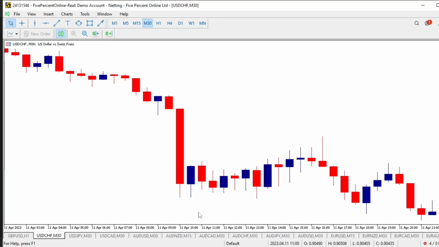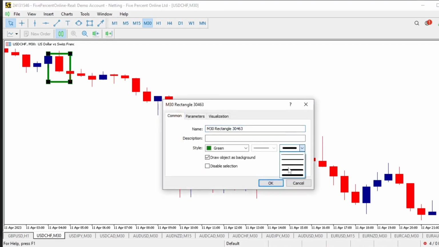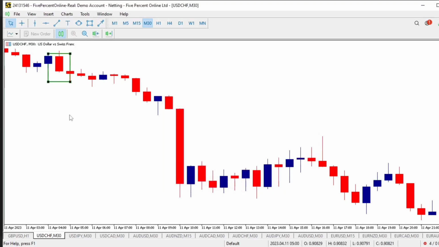Now, if you look at this chart, let's look at this first candle. Okay, now applying the same principle, let's apply the same principle to this candlestick.